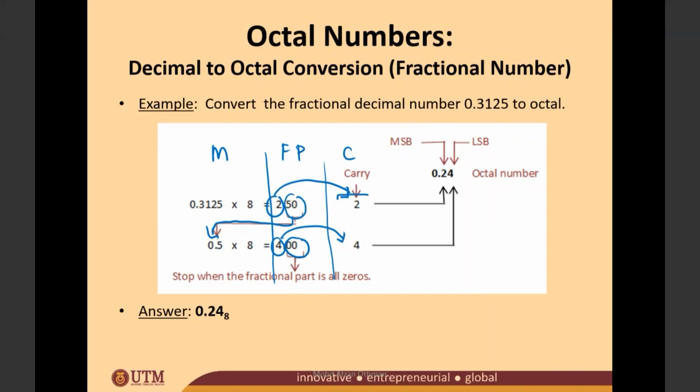And now, yang ni kamu nak dapatkan, jadikan dia punya octal number. Macam mana nak buat octal number? Kamu tahu yang ni MSD, and this is the least significant digit. Bukan MSB ya, D. B tu untuk bit, D untuk digit. So the jawapan is 0.24.